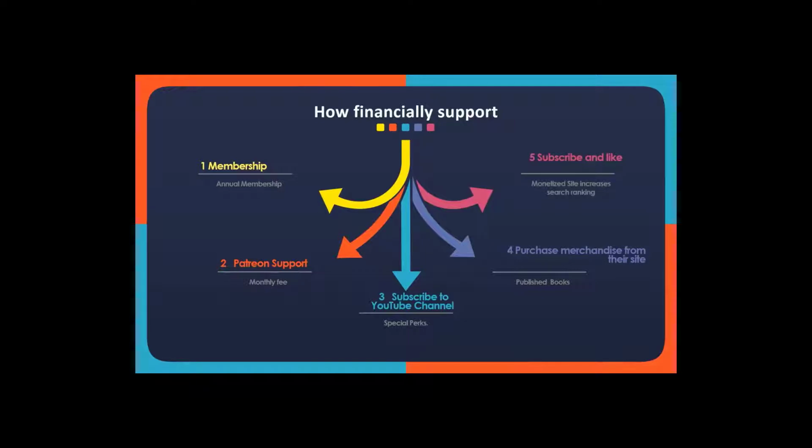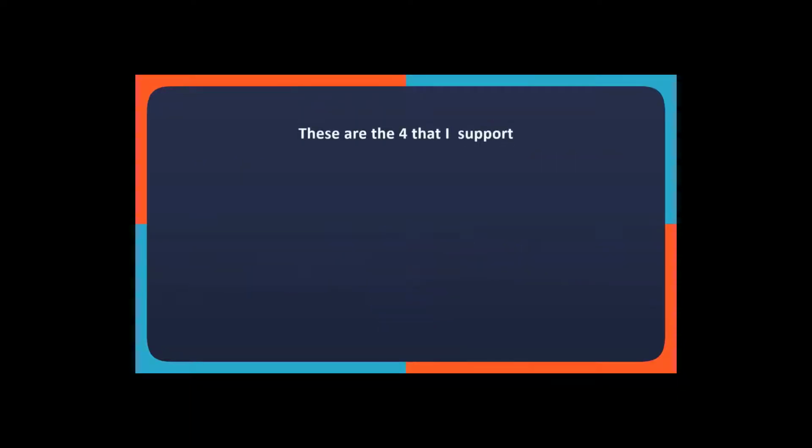If you watch their video, just simply subscribing and liking it will help, because if it's a monetized site, this increases their search ranking. Here are the 4 that I support. Geeks on Tour, their yearly membership is $60.